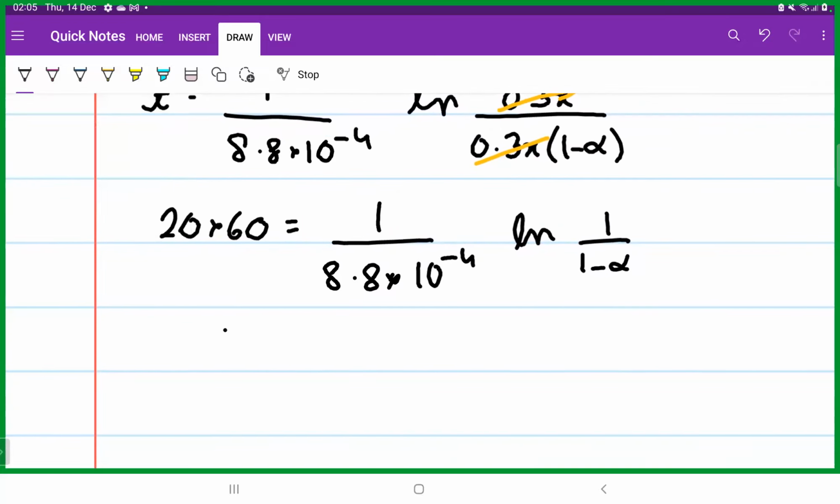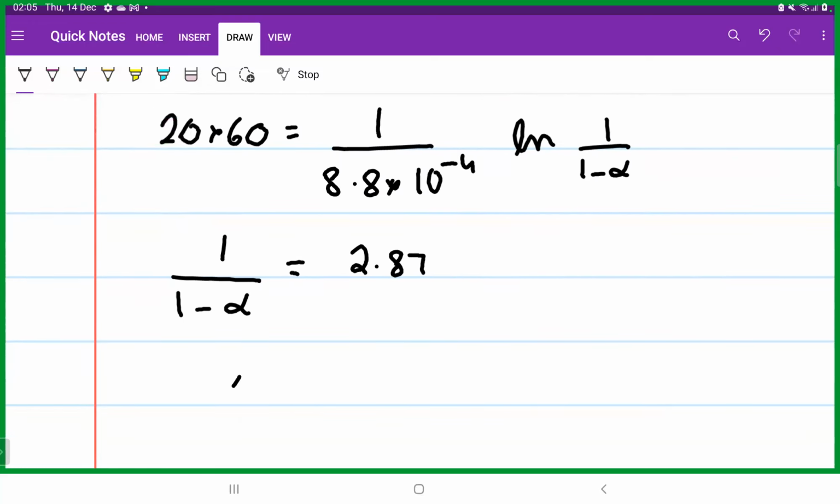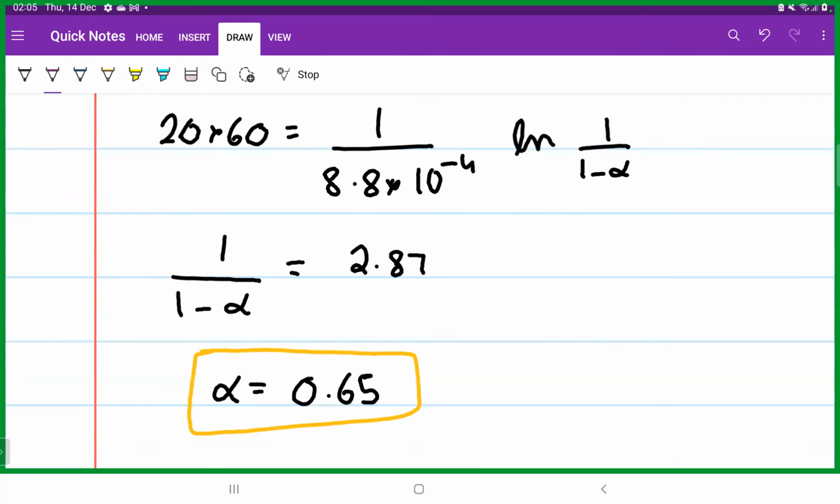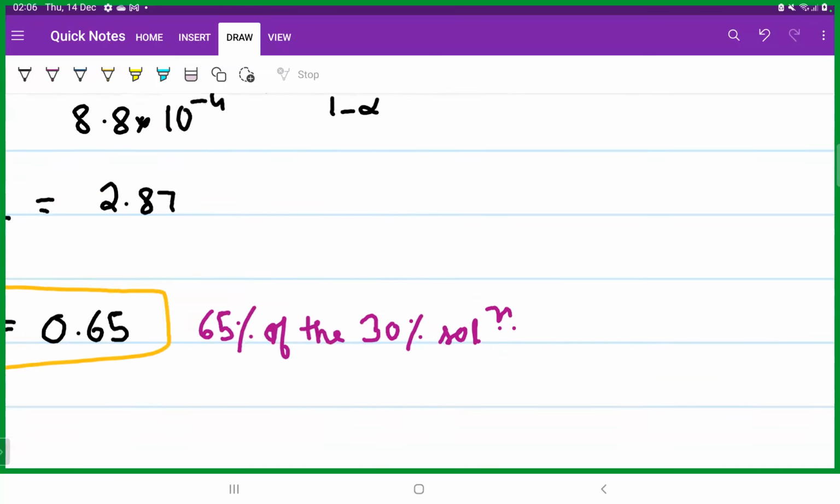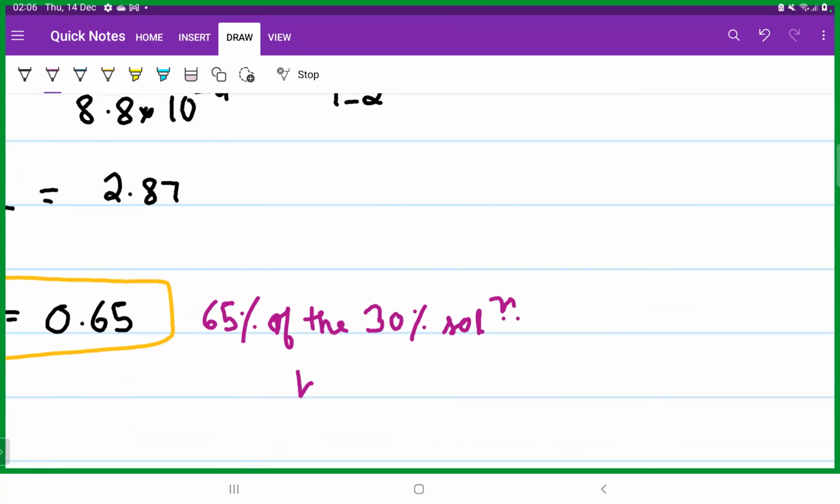We can calculate 1 by 1 minus alpha to be equal to 2.87. Therefore alpha will be roughly equal to 0.65, which means that 65% of the 30% solution has decomposed. All right, has decomposed.